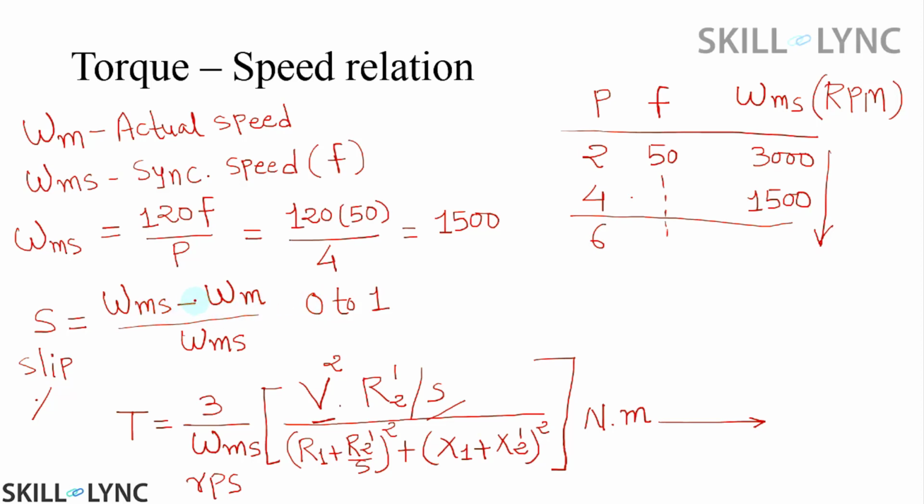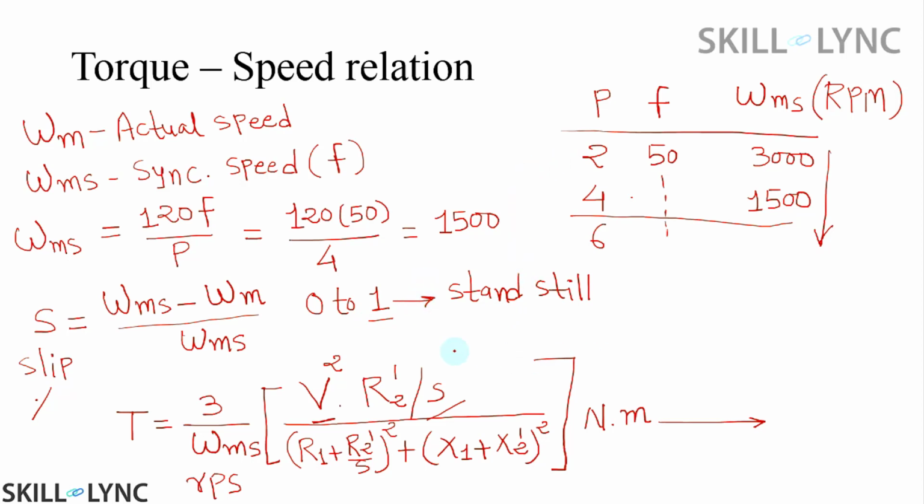How is this value going to be from 0 to 1? When actual speed is equivalent to synchronous speed, it is going to become 0. So slip 0 means the motor is running at synchronous speed. Slip 1 means that the motor is at standstill, so the motor is at standstill for slip value equal to 1.